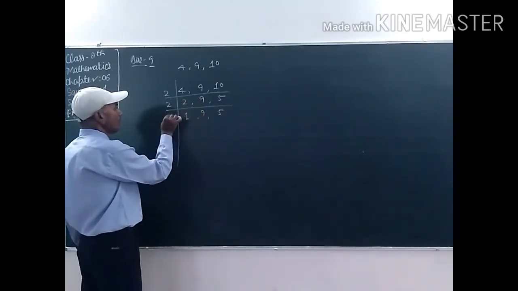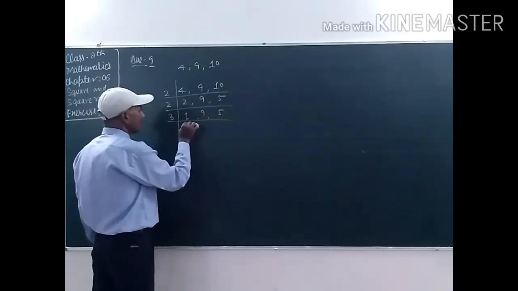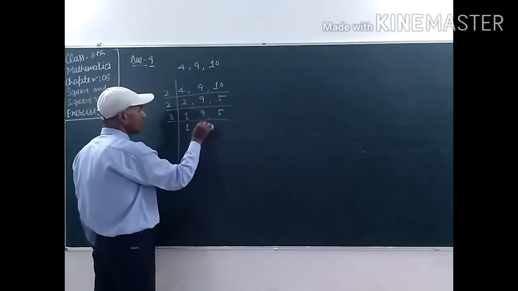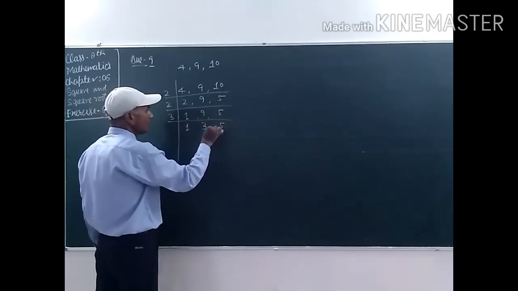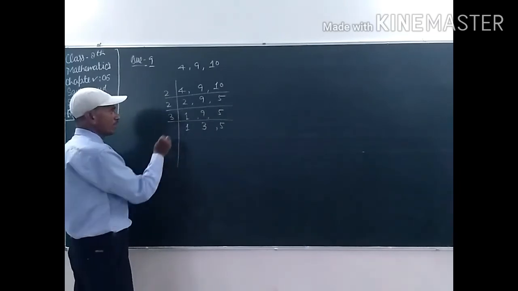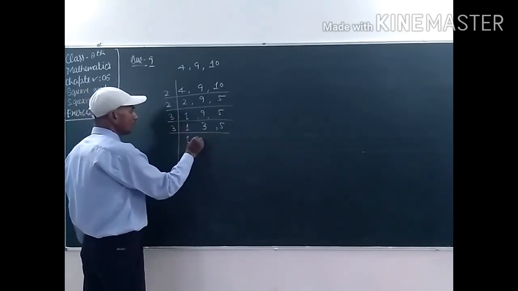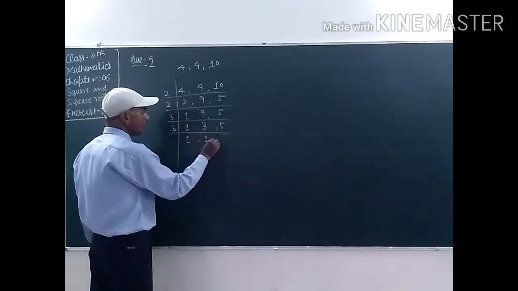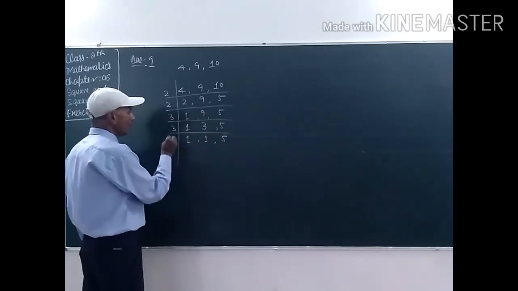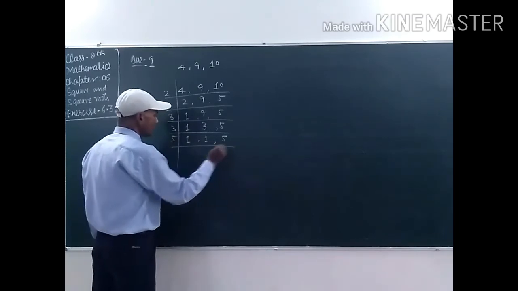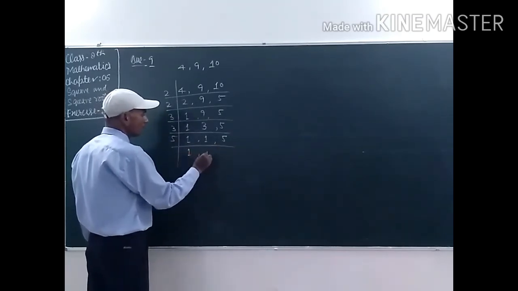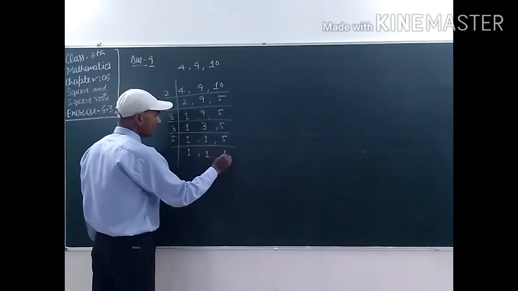So by 3, this one 1, 3 3s are 9, and this 5, because it is not divisible by 3. Now again by 3, so this one 1, again 1 and this one 5. Now divide by 5, so this one 1, 1 and this 1.